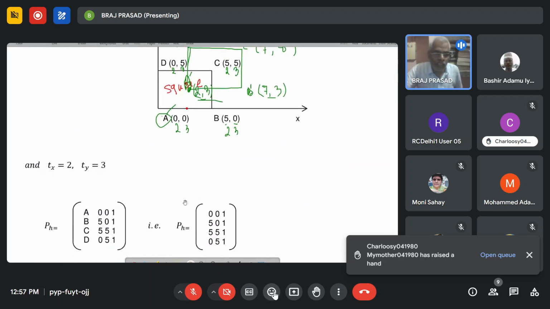So what will be the new coordinate P dash H? The old coordinate of A is 0 0, that is given here in the question.